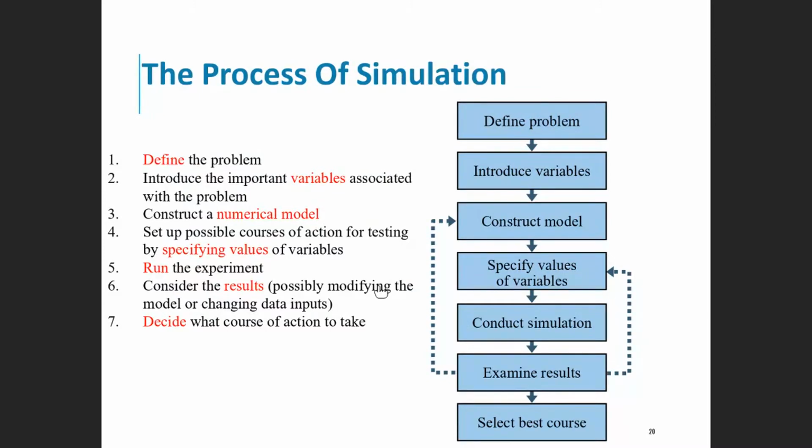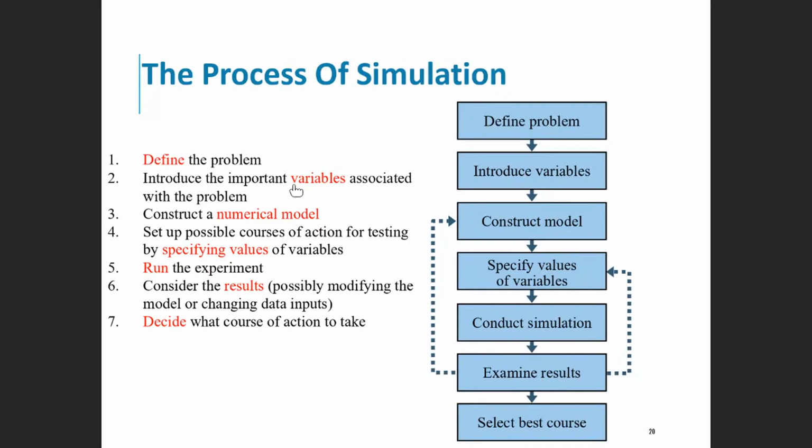These are the basic steps or the process of simulation, starting with defining the problem, similar somehow to the LP that we covered in the first part. Introduce the important variables. If you recall, the number of chairs, number of tables, number of labor, number of raw material.